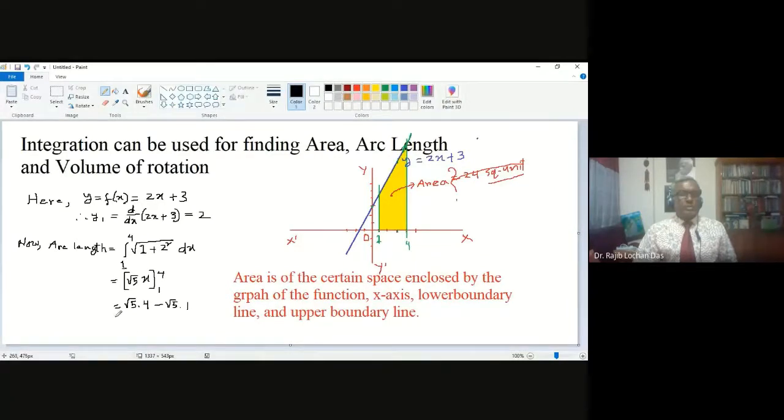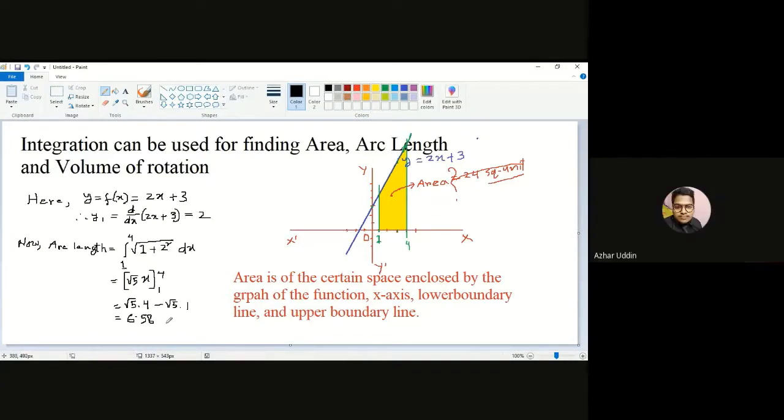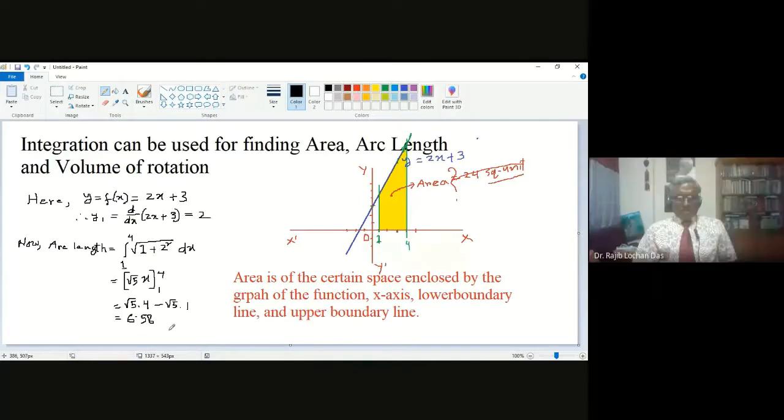So it will be 3 root over 5. So 3 root over 5 will be, let me find this out. 6.70. Okay, good, I was looking for that.